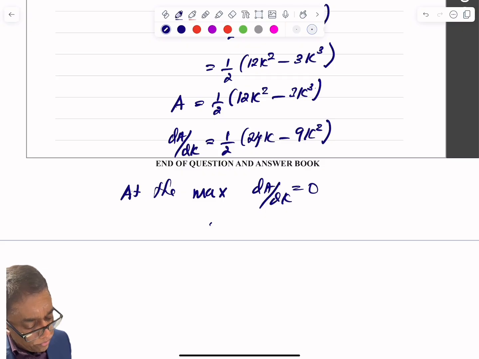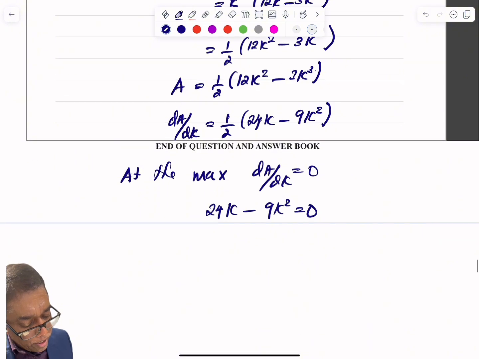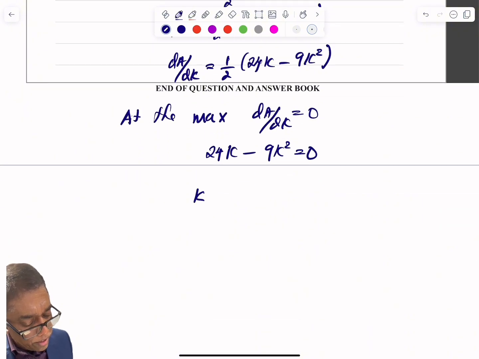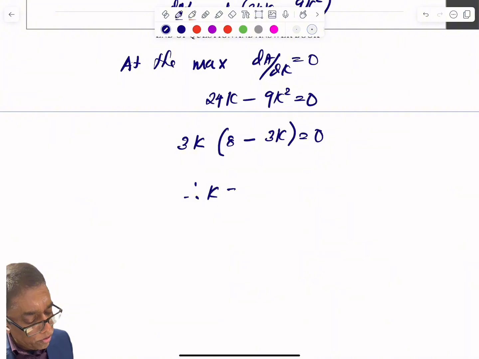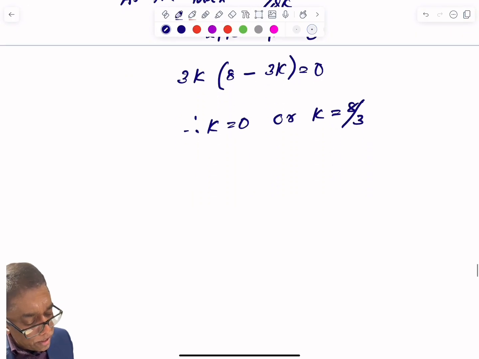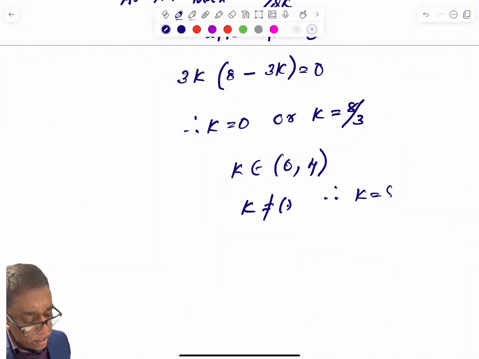That means 24k minus 9k squared is equal to 0. If I take 3k out, 8 minus 3k is equal to 0. Therefore, k is equal to 0 or k is equal to 8 over 3. k belongs to 0 to 4, therefore k is not equal to 0. You have to take k is equal to 8 over 3.